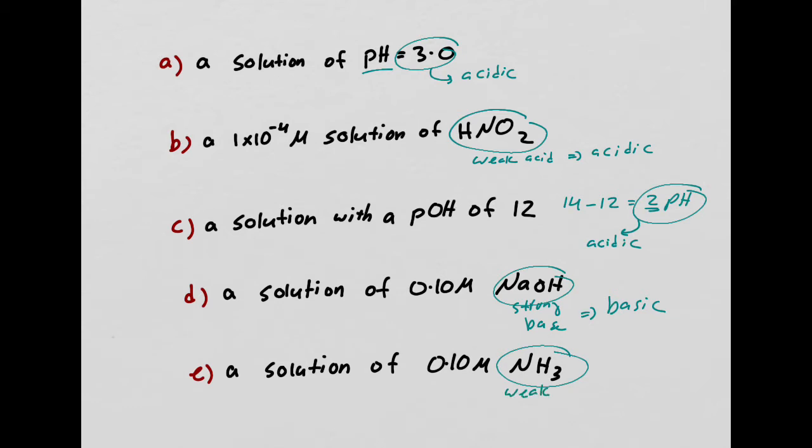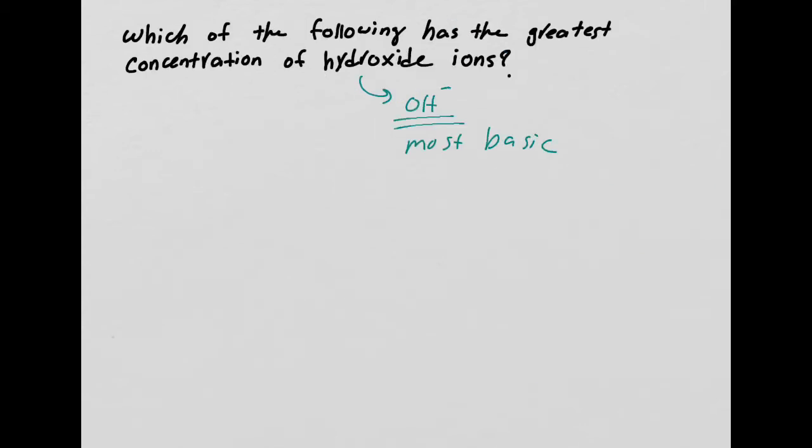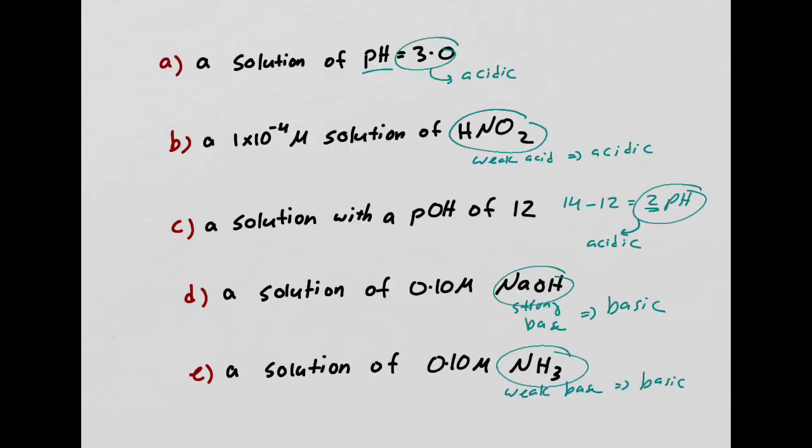Ammonia is a weak base, right? So I have a basic solution, but less basic than this one because this is a weak base. You only partially dissociate. The question asks which one has the greatest concentration of hydroxide ion. Which one is the most basic? Remember, NaOH is a strong base.